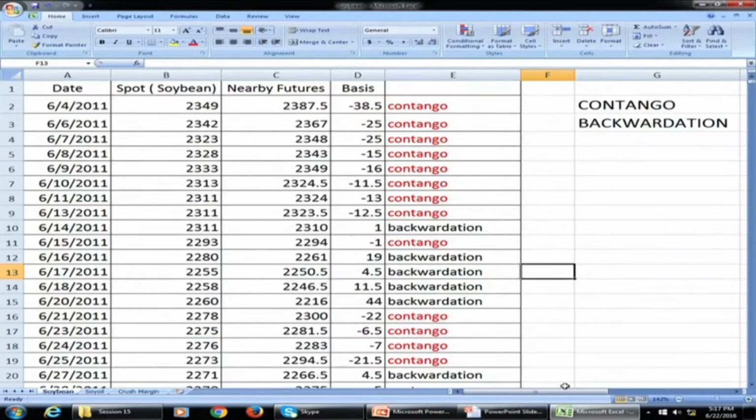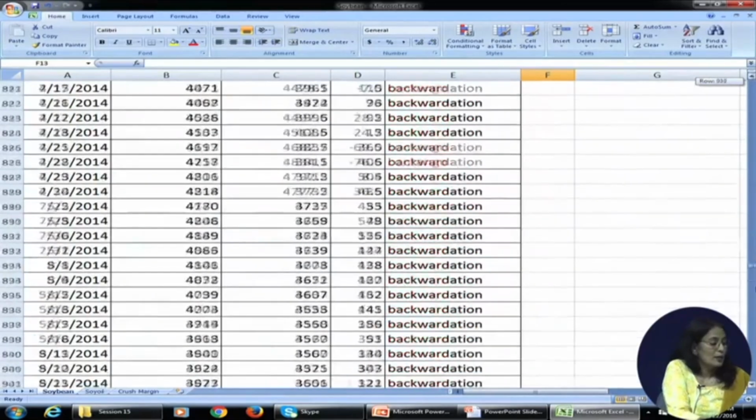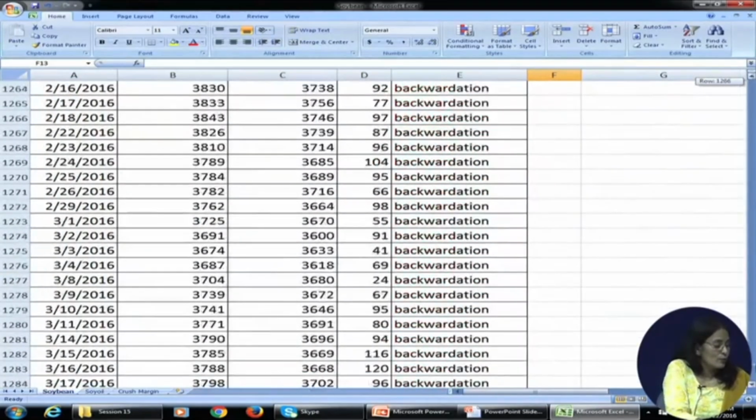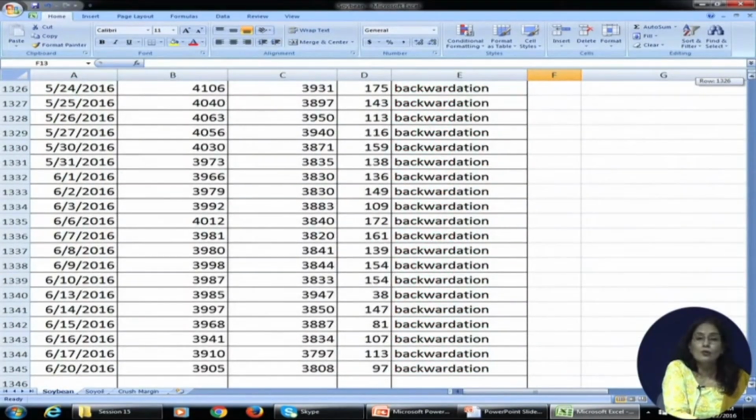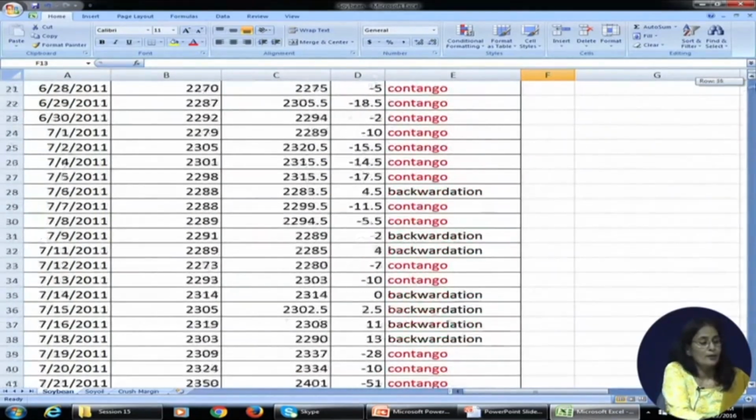Now, let us focus our discussion on basis. The basis we have calculated is from this data, which I have downloaded from 2011 up to 20th June 2016, a period of almost 5 years.